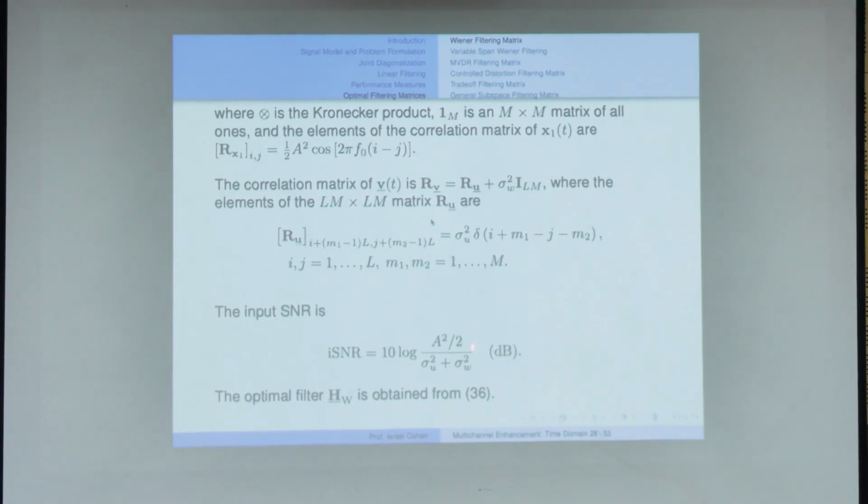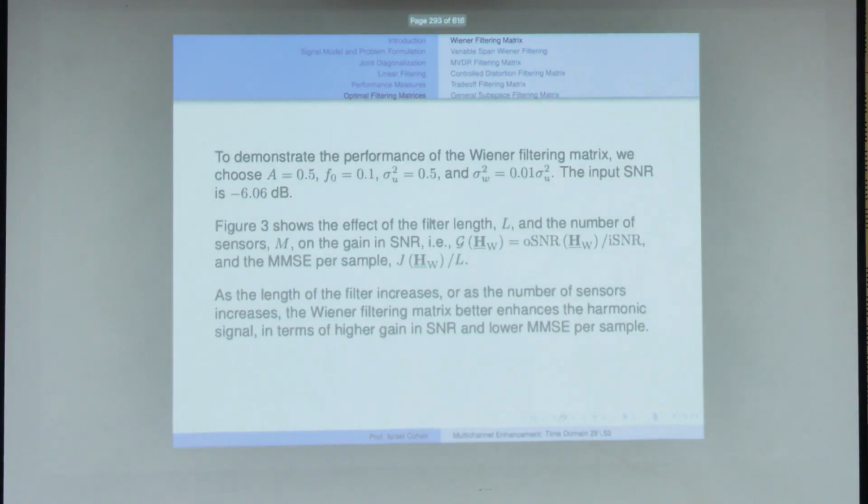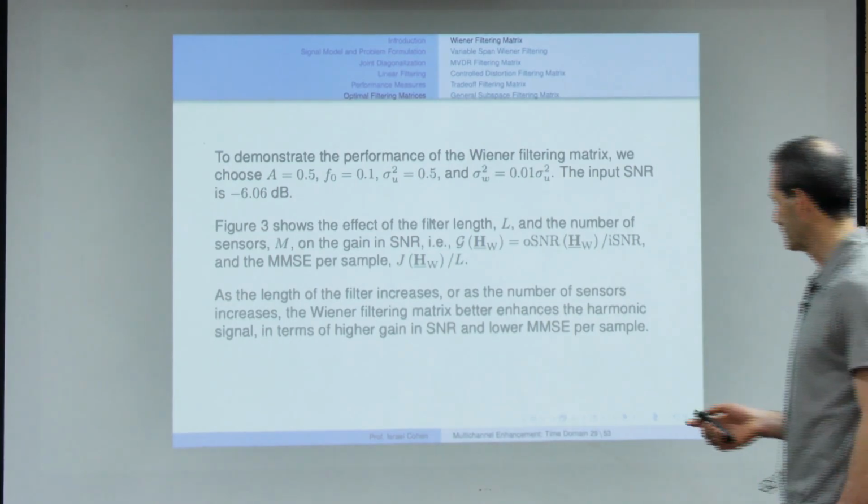Then from these two matrices we can compute the generalized eigenvectors and the generalized eigenvalues, and sort the eigenvalues in decreasing order. We can also compute the input SNR for this specific example. Let's see a specific example with these values.